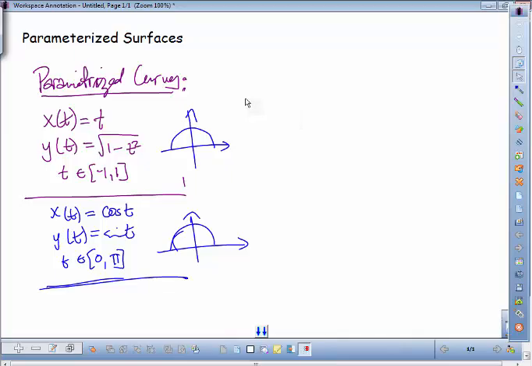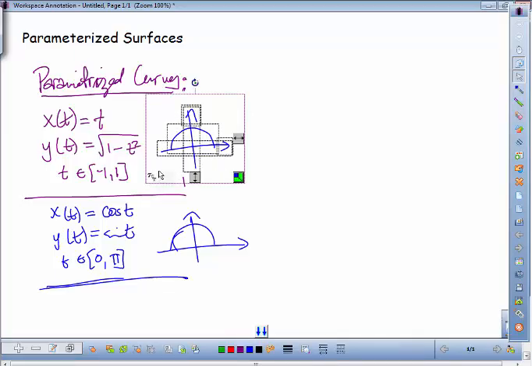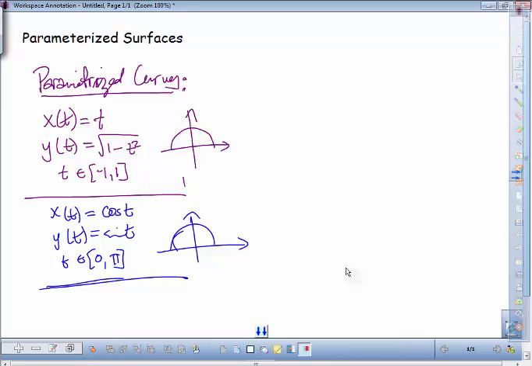Any ideas what the differences might be? Orientation is a big difference for us. For some problems, it turns out to be a bigger difference than others. So the orientation is a big difference.